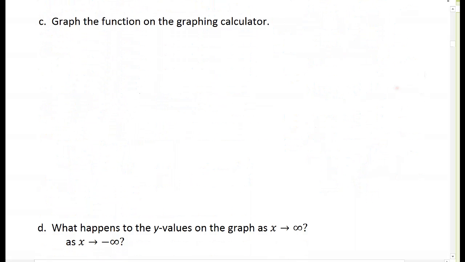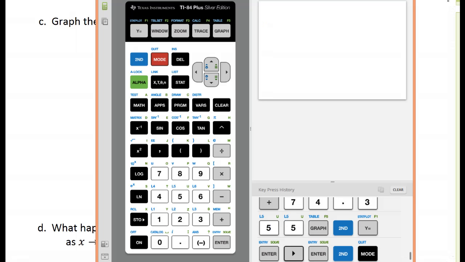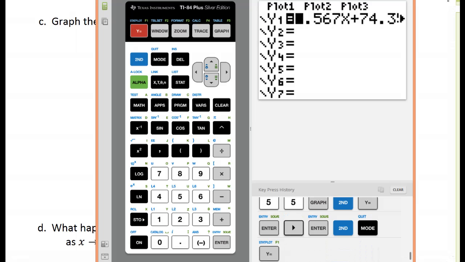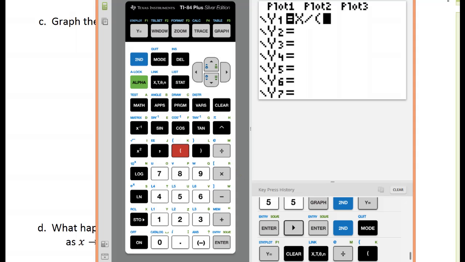Now I'm going to go to my graphing calculator and graph the function. I'm going to clear out whatever I have in there. Be careful when you graph these. Up top is x. Divide by, and put parentheses around what you're dividing by.